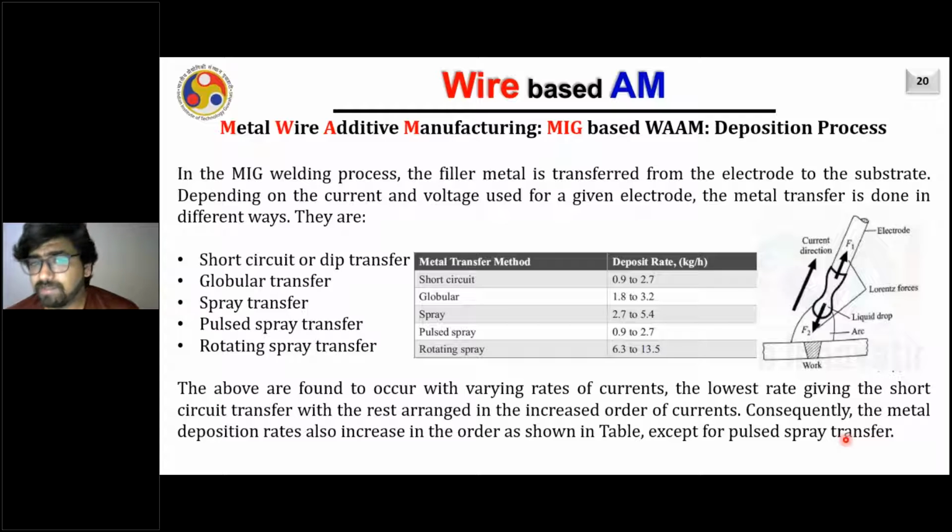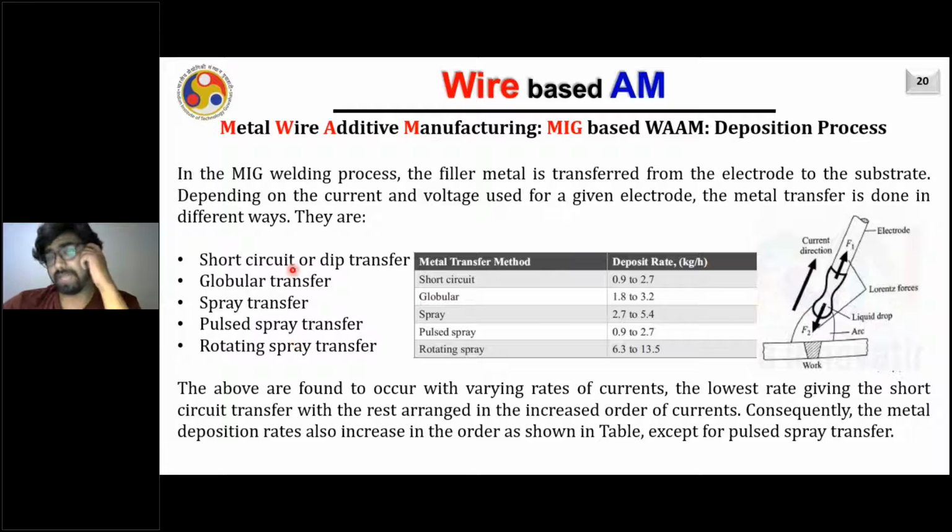In the MIG welding process, the filler metal is transferred from the electrode to the substrate depending on the current and voltage which we give to the electrode. The metal transfer is done in the following ways: short circuit or dip transfer, globular transfer, spray transfer, pulse transfer, or rotating spray transfer.